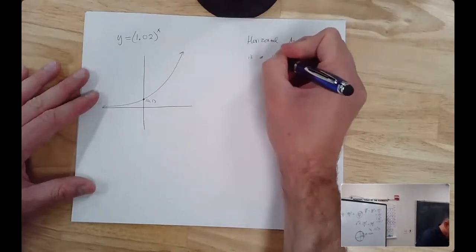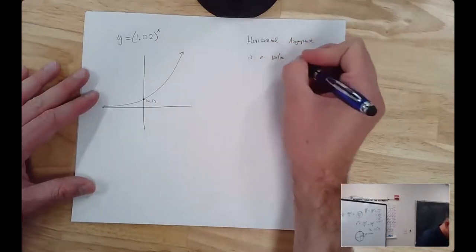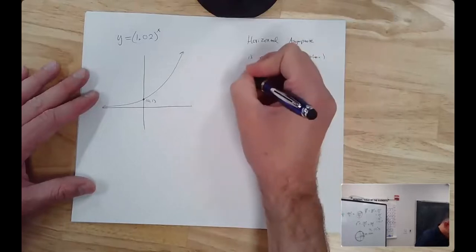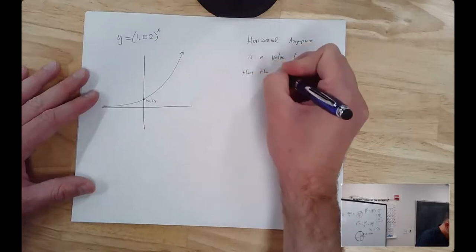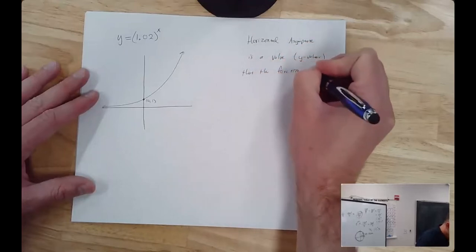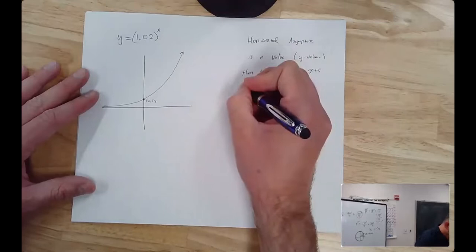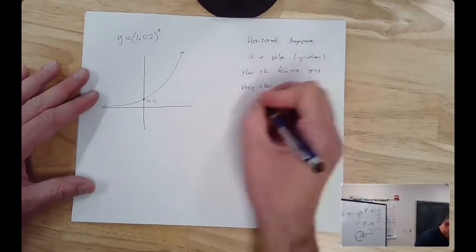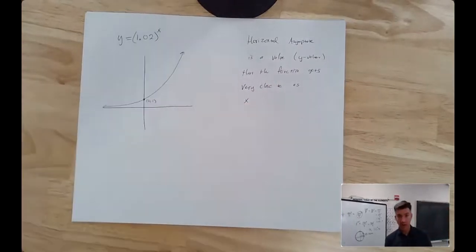As far as a horizontal asymptote, which is what we're talking about here, is concerned, a horizontal asymptote is a y value that the function gets very, very close to as x gets large. Now, x can either get large in the positive or in the negative direction.